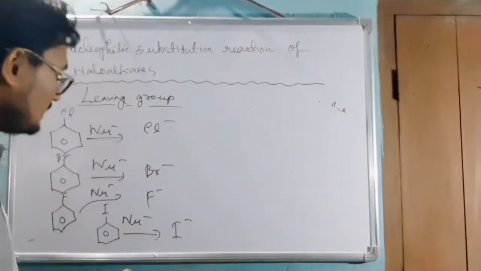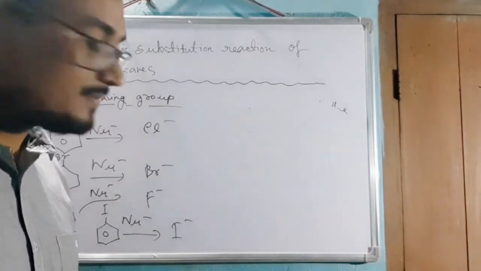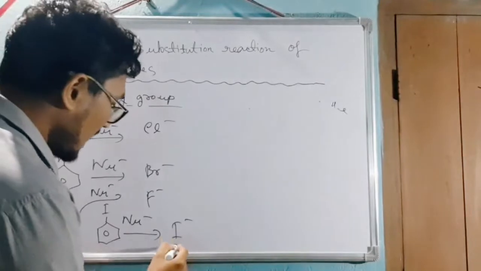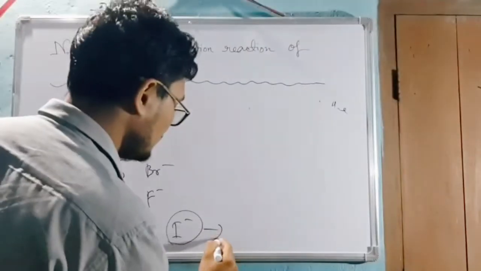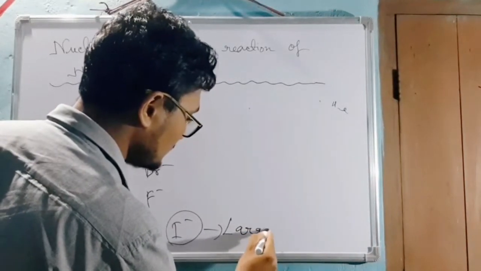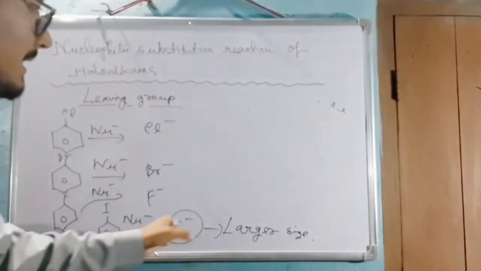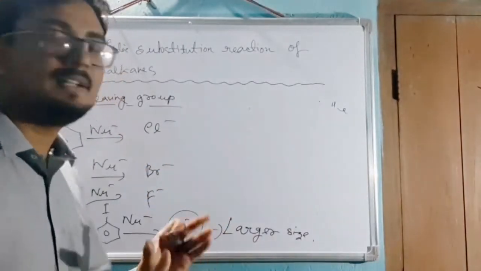We need to know which one has the larger size. As we all know, iodine has the larger size. Larger size means electrons can easily enter this compound because of its large size.